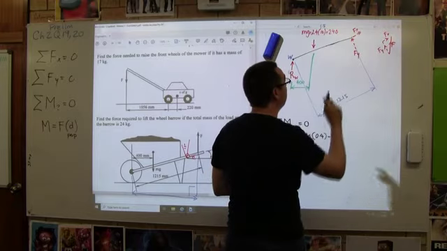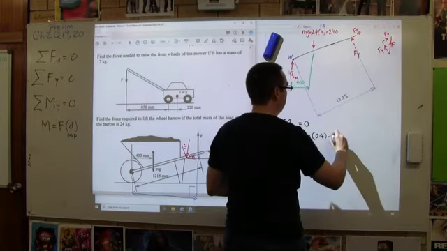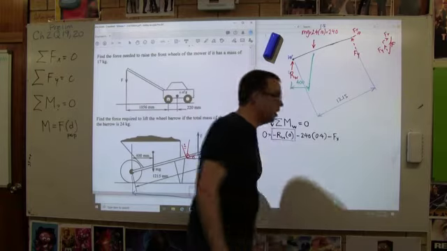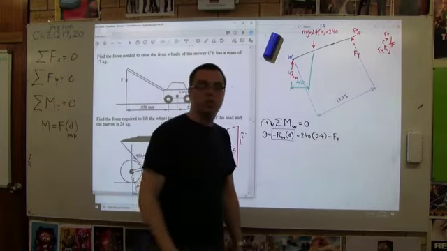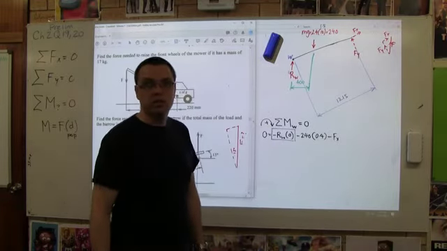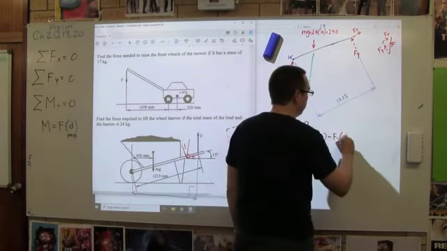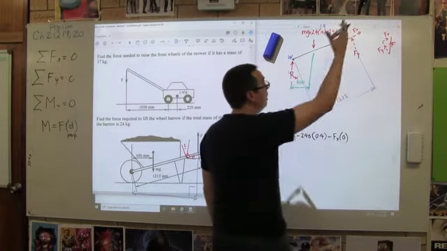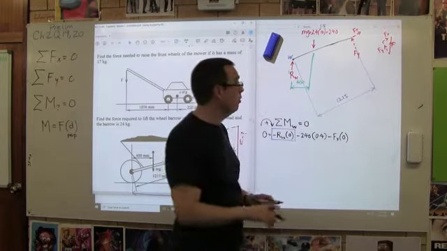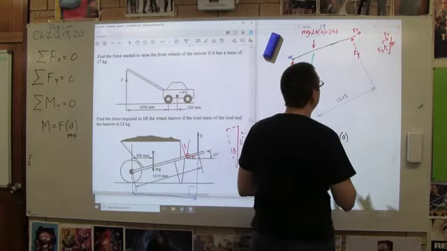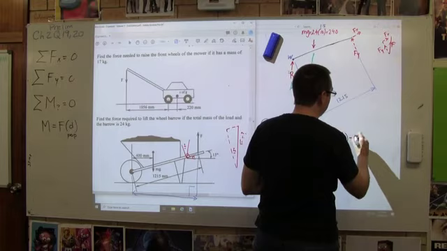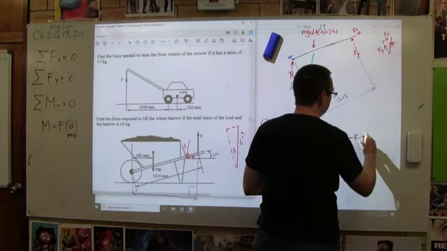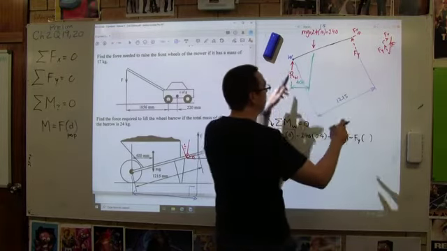I'm writing minus Fx. What's the perpendicular distance to Fx? 0. So it's neither clockwise nor anti-clockwise, so Fx we can effectively ignore for our equation. And then we have Fy. I'm writing minus Fy because I don't know if it's clockwise or anti-clockwise, not yet.